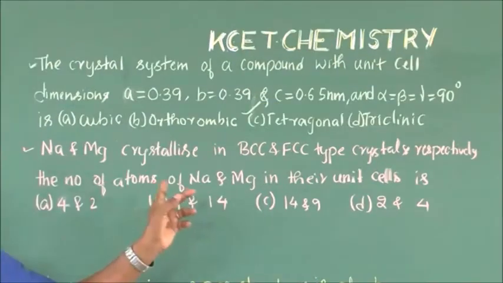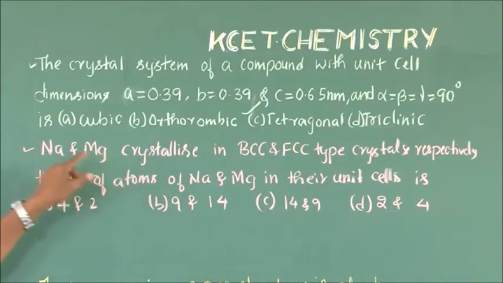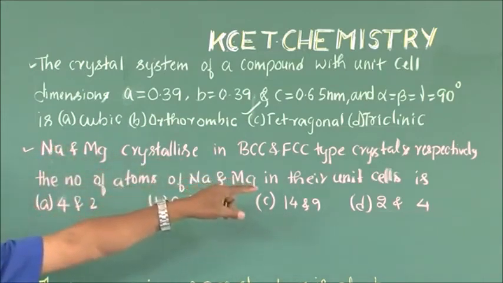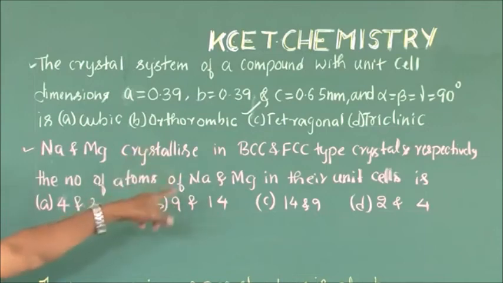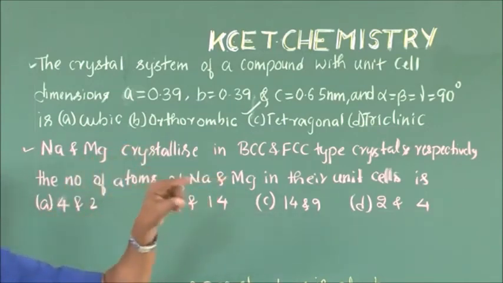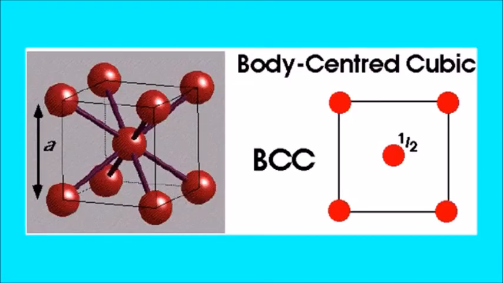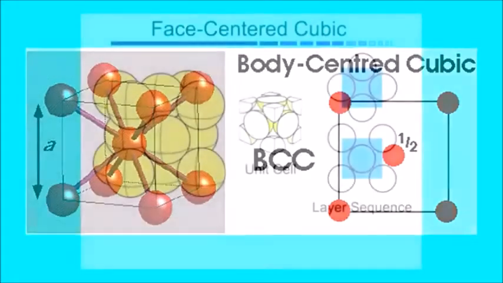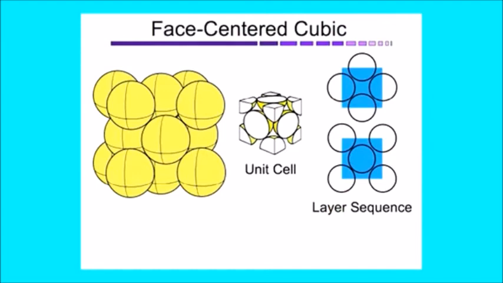Then we come to the next question. Sodium and magnesium crystallize in BCC and FCC type crystals. So what is the BCC and what is the FCC? BCC is the short form for body-centered cubic lattice, and FCC is the short form for face-centered cubic lattice.